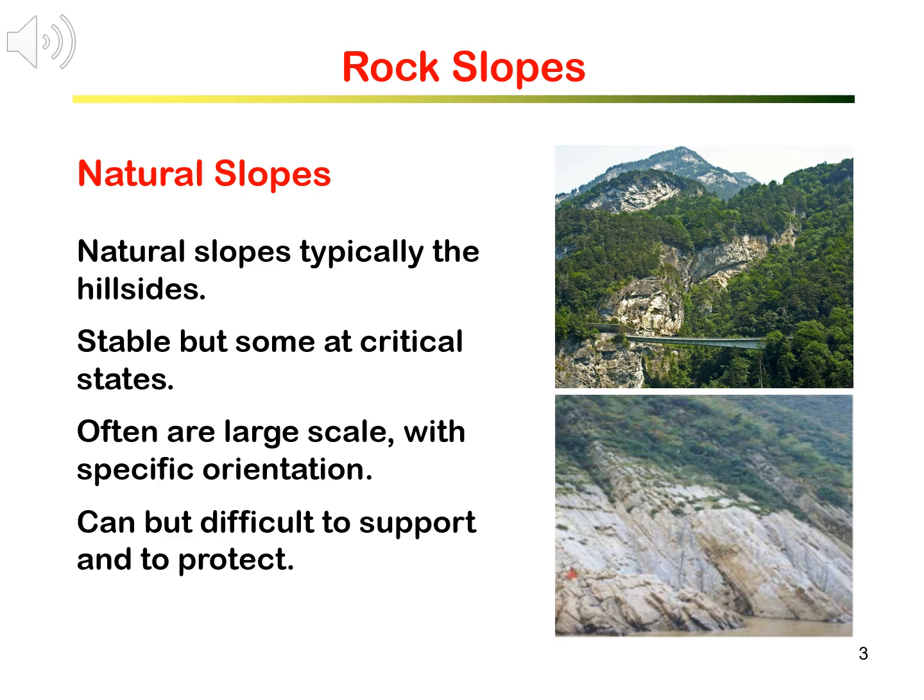Those who climb mountains will see a lot of natural slopes. When you go up and down the hill, you're actually moving on the slopes. Natural slopes typically are the hillsides as those shown in the photo here. The one on the top shows the Alpine mountain slopes in Switzerland, and the one below is the riverbank slopes along the Three Gorges in China.